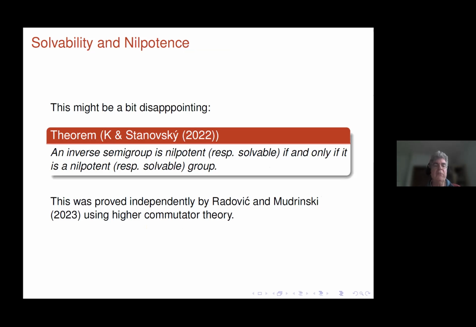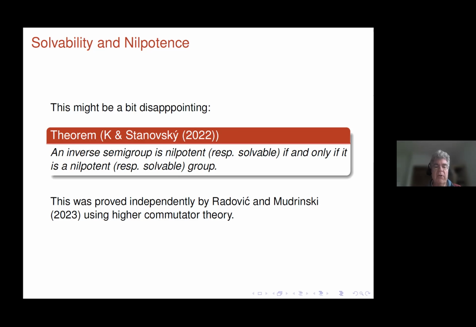Now, this next result from that same paper might be a little bit disappointing if you're looking to generalize the theories of nilpotence or solvability, and again, I mean those in the universal algebra sense, to inverse semigroups, and that is that an inverse semigroup is nilpotent or solvable if and only if it's in fact a nilpotent group.